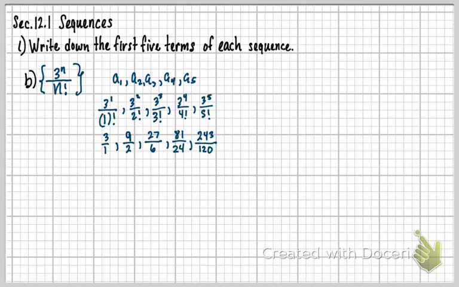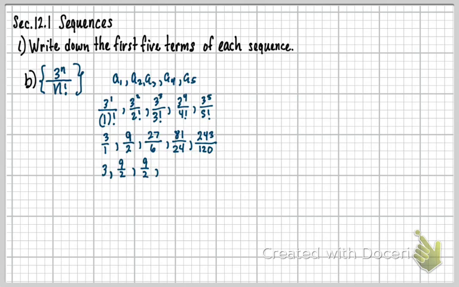Now again, I can simplify them, and I will, just for the sake of a final correct answer. And 3 goes into both of those. That's going to be a 9 over 2. Is that right? Wow. And 81 over 24. Those both have a 3 in them.